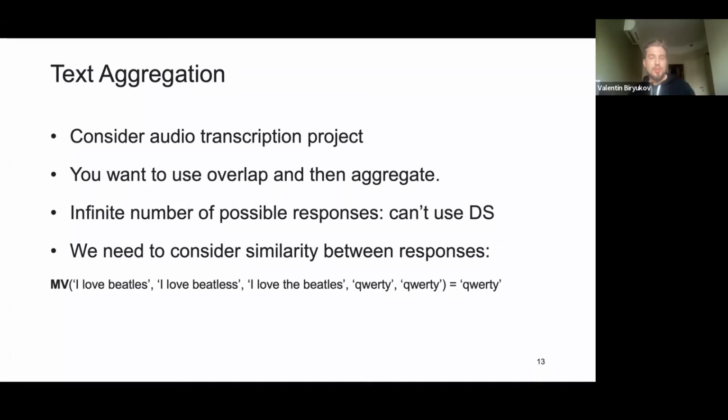You may choose this QWERTY, the most common sequence of letters, and choose this answer as the most probable and the most correct. But as you may know, it's generally not true, because the three other answers are actually similar, and they need to cherry pick just one of them.